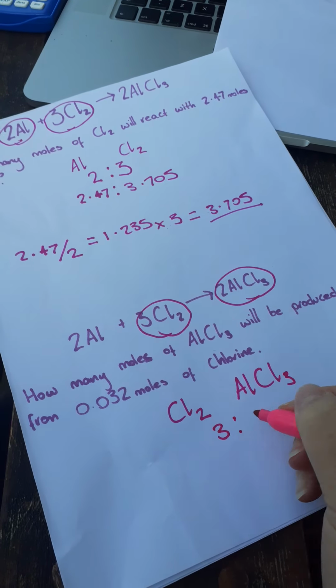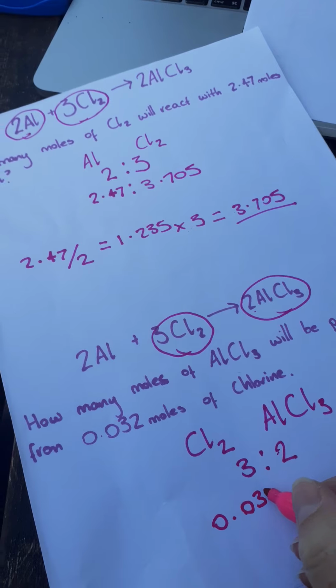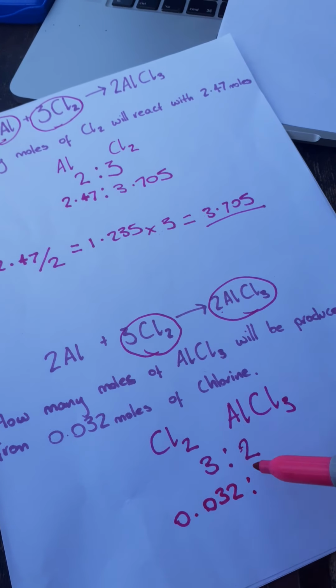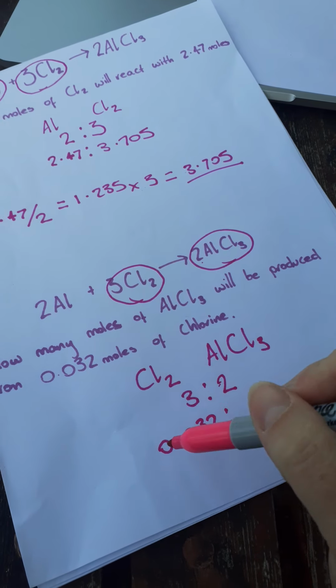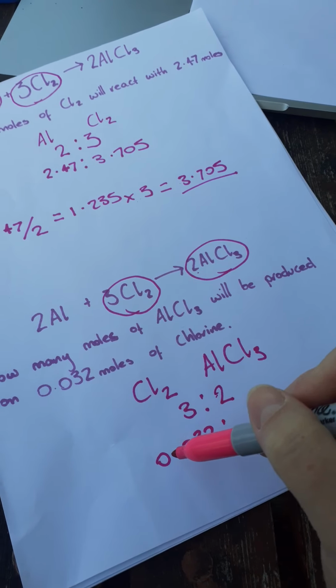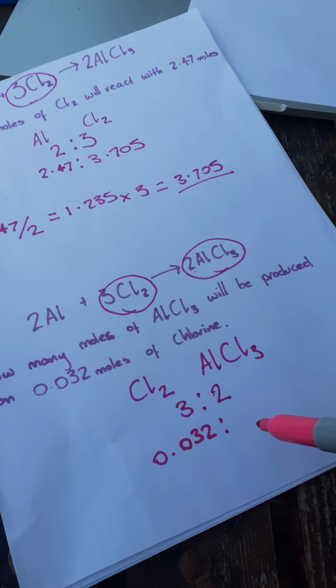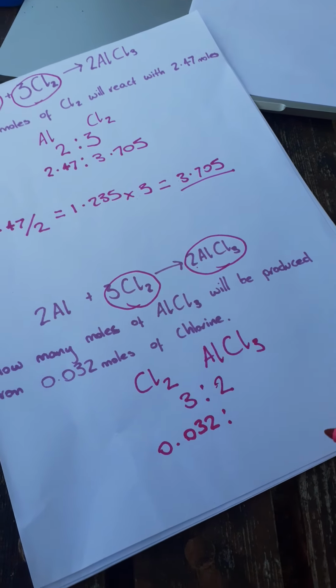Okay, but we don't have 3 moles of chlorine, we have 0.032 moles. Excuse me. So if 0.032 moles is reacting, we want to know how much we would produce if it's a 3 to 2 mole ratio.